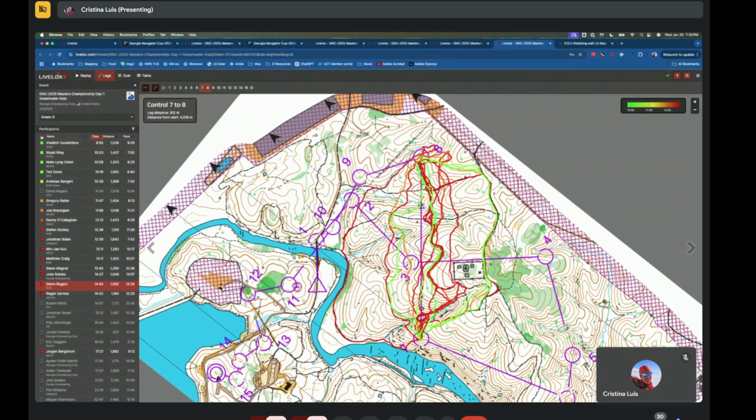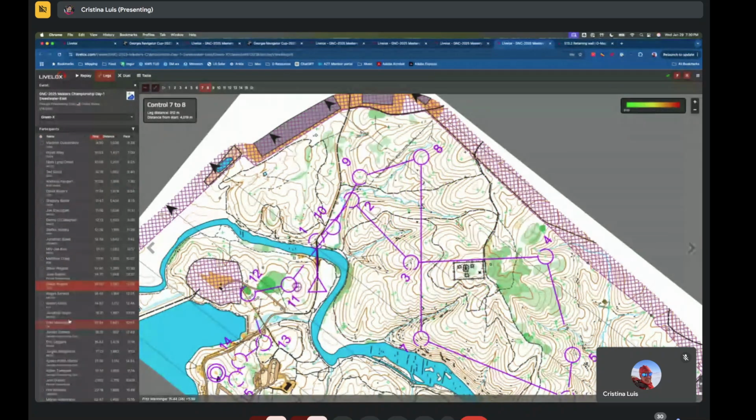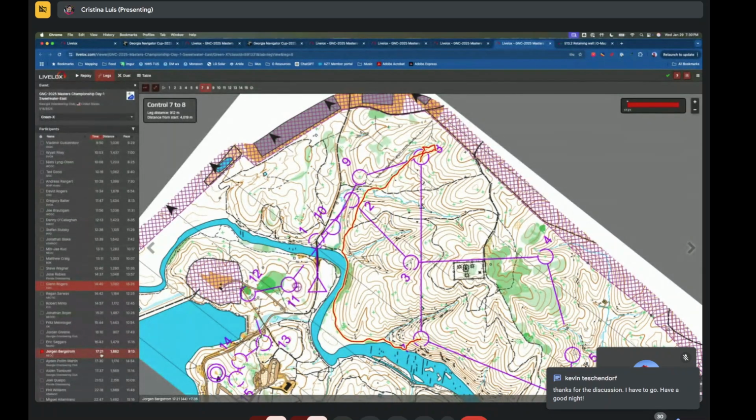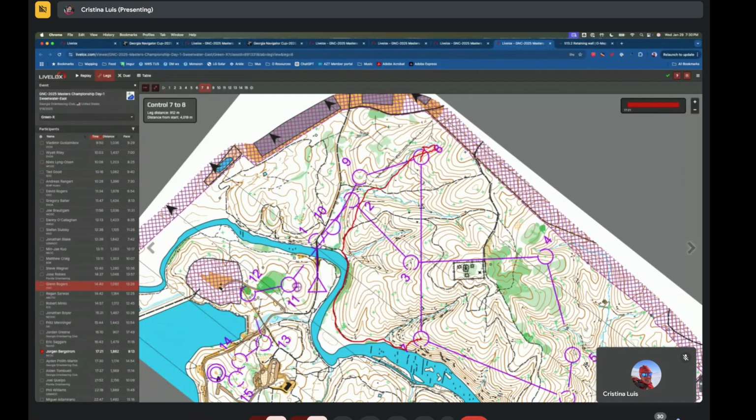I know on this someone did it, but he has not posted on live. Yeah, I was curious how much of the difference was the significant additional distance from that. I think it's probably mostly it's 800 meters longer than the straight routes. Yeah. All right.